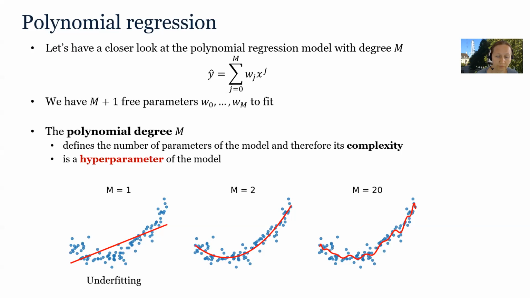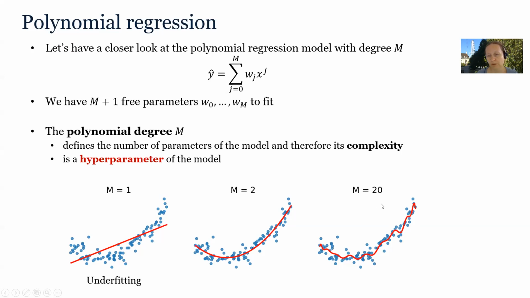So this linear model is underfitting the data. It is because we see that it misses important trends and there are systematic errors. It doesn't quite get this curved shape of the data that we can see.